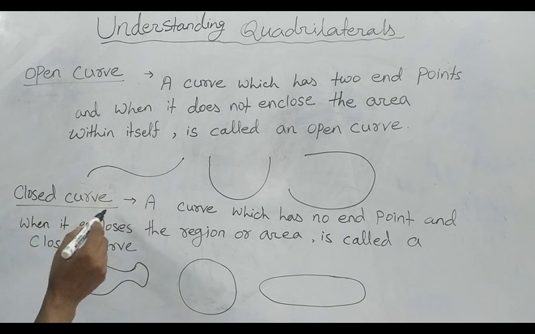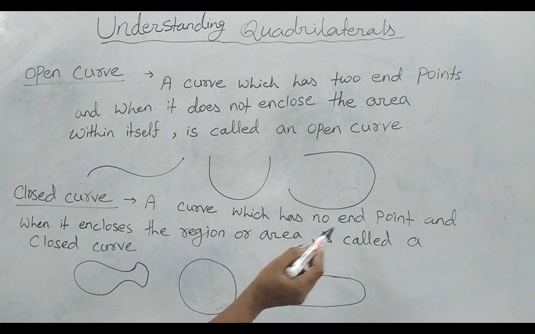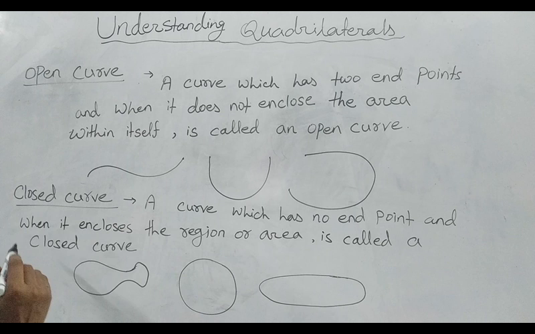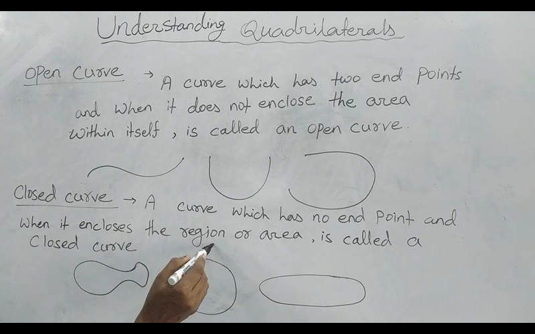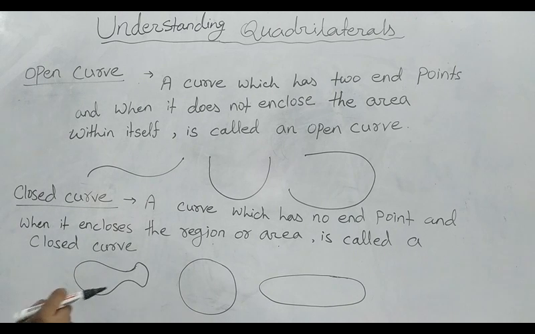Now look at the other definition, the closed curve. A curve which has no end point and which encloses a region or area is called a closed curve. Just look at the figure.